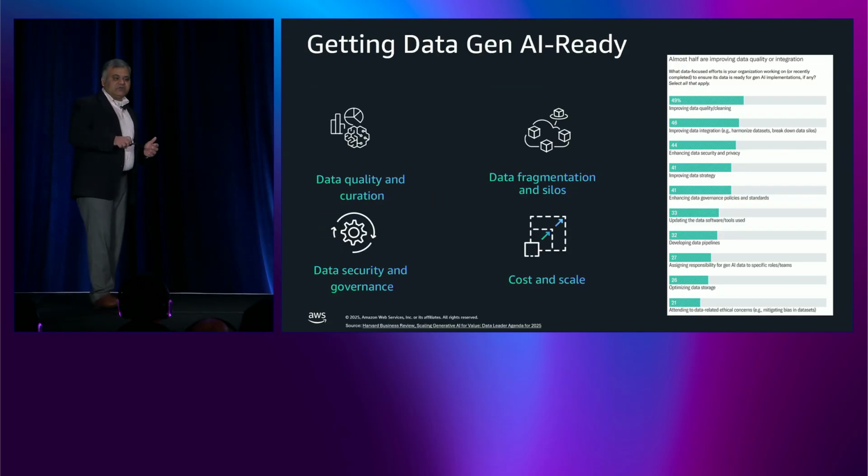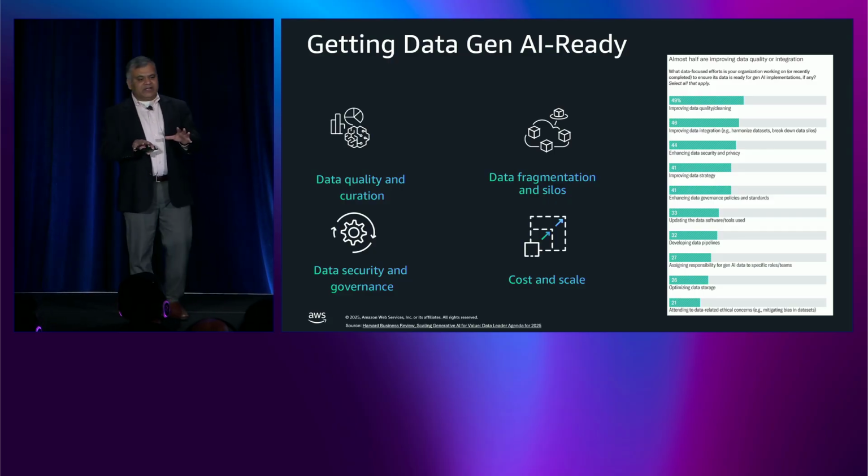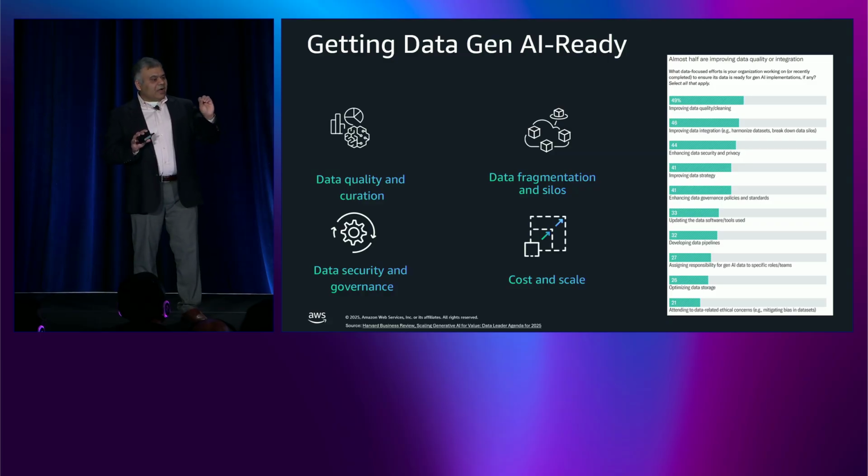Now, when Harvard Business Review dug deeper into the key things that these data and analytic leaders are working on as far as getting their data foundation ready, 4 key things jumped out. So they said they really want highly curated, high quality data because agentic AI, Gen AI is basically based on the value of the data.